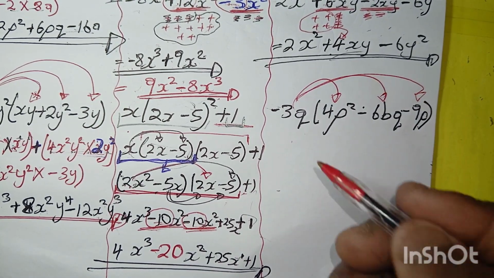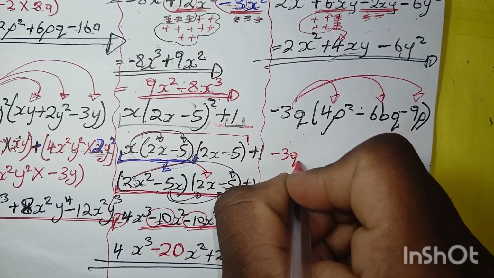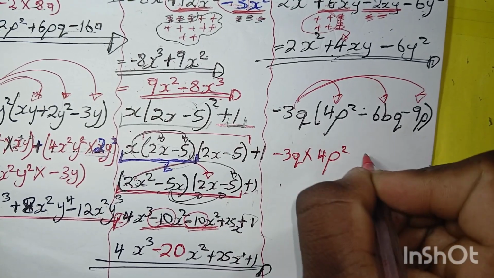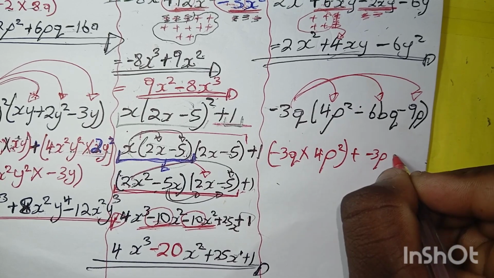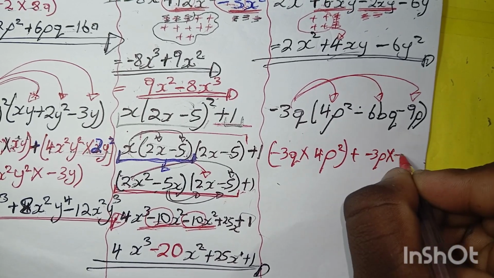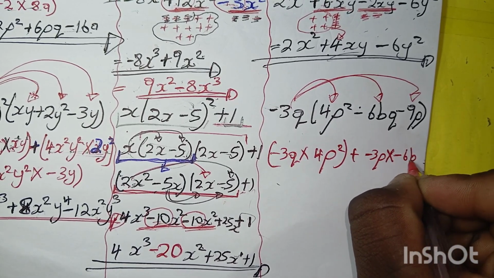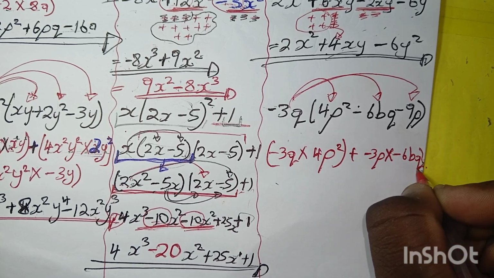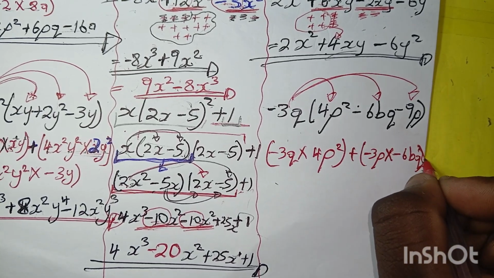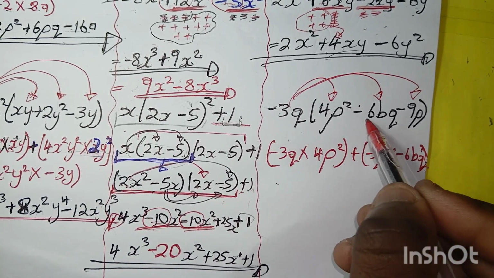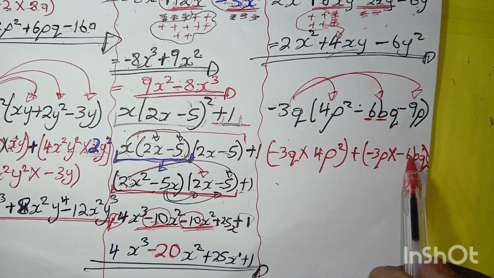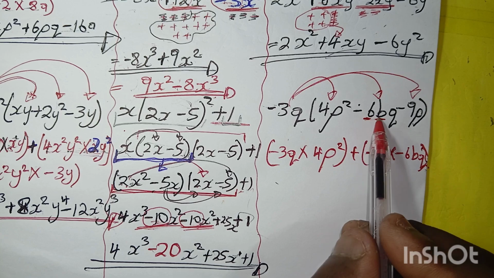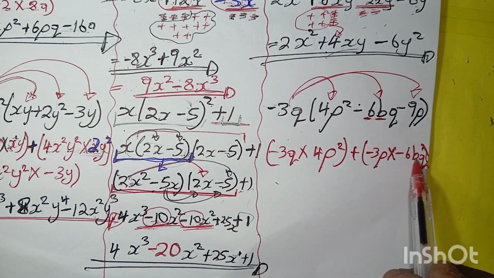You can even use the step of saying 3q multiplied by 4p squared plus 3p multiplied by 1 minus 6b q. Do you see, guys, my writing? There is a difference between 6 and b. This one is 6b, not 66. It's 6b. Do you see?